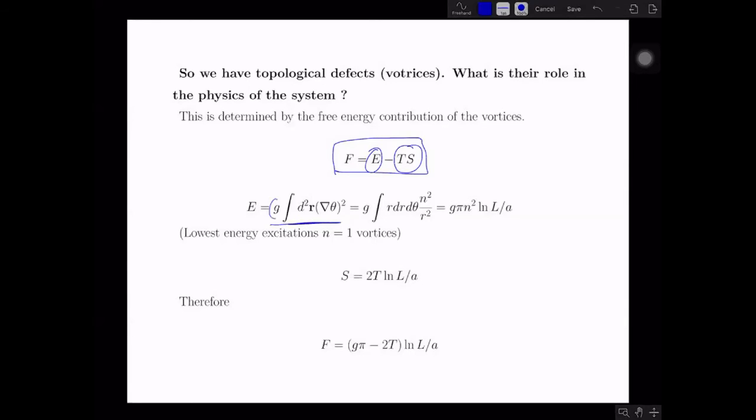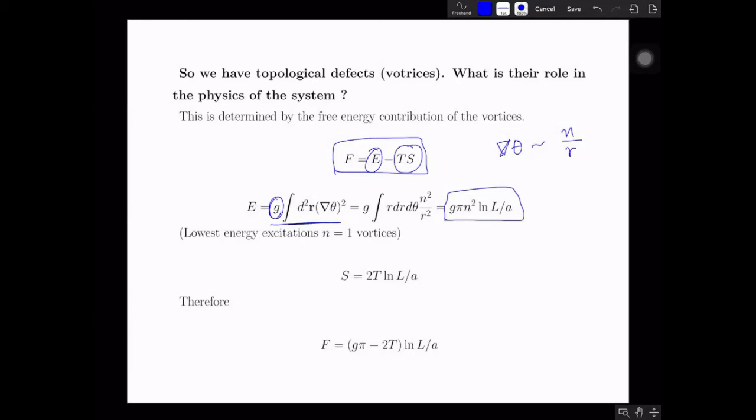So this is the energy cost, and it is some grad theta squared. Any grad theta is energetically costly. With the form of grad theta that we have, we can do this integral, and we would get something like this. I have used grad theta equal to n by r. That immediately says that n occurs as n squared, because it's grad theta squared.